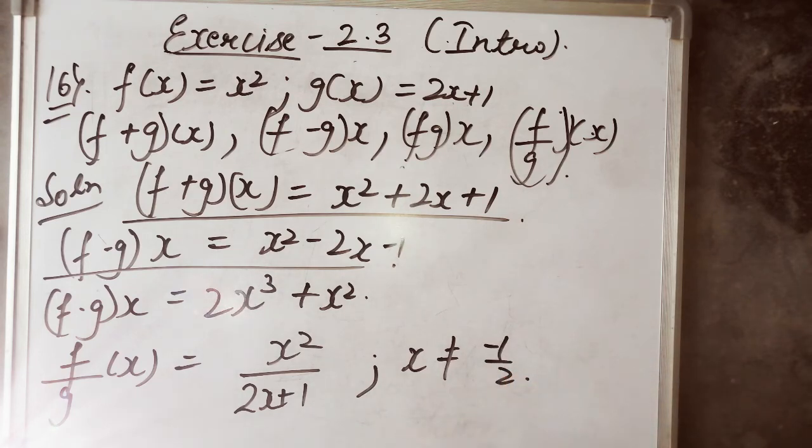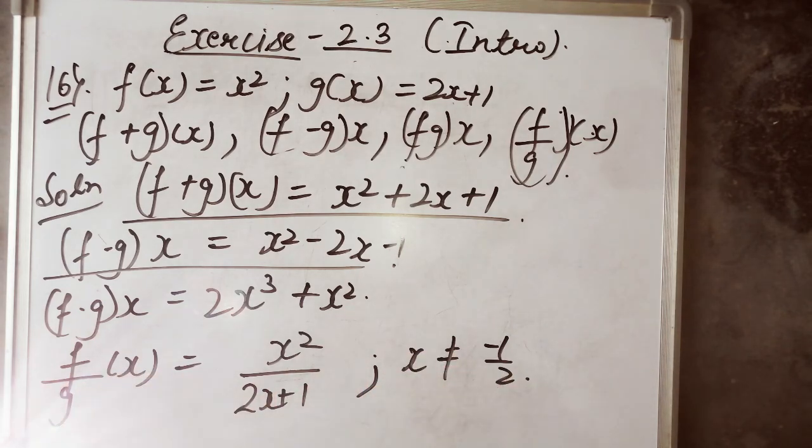Look here, why did I write minus 1 by 2? The reason is that if I put minus 1 by 2 here, the divisor will be 0, and we cannot divide x square by 0, so the function will not be defined. That's why I have written minus 1 by 2.